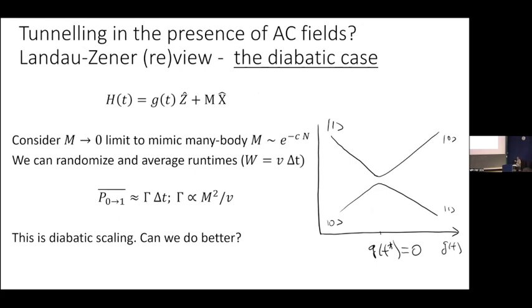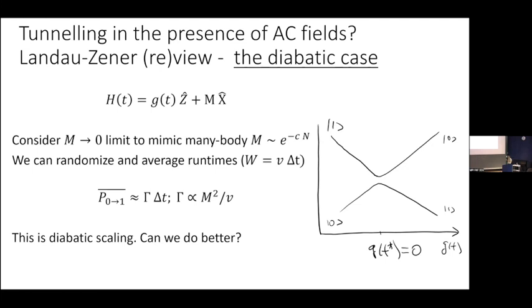The thing that I want to emphasize is that unlike the conventional Landau Zener problem where we focus on adiabatic passage, I want to make sure that you're comfortable with the boring diabatic result, which is basically if you average this dynamics in some way, either over starting time or over the location of this crossing, you will find that the transition rate is m squared. And that's what you get from the Fermi golden rule. In fact, there's a way to derive this using a variant of the Fermi golden rule.